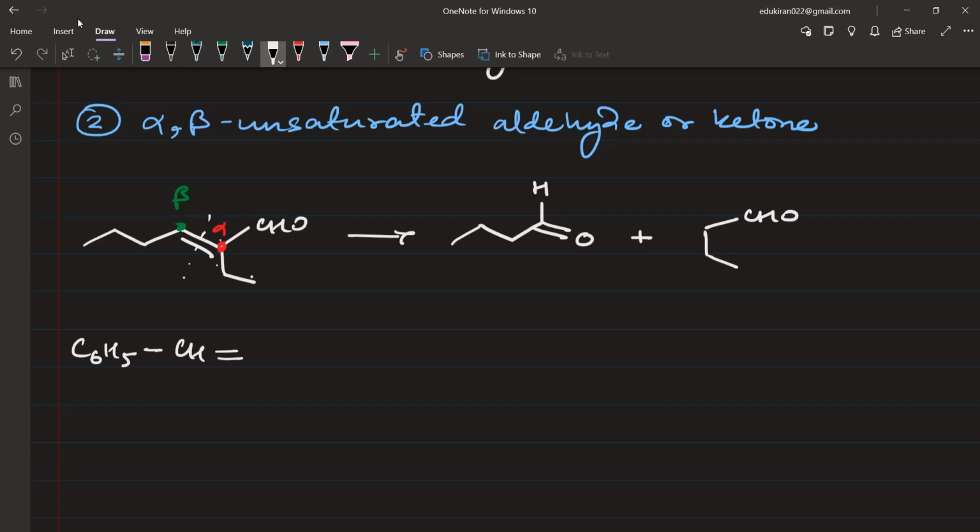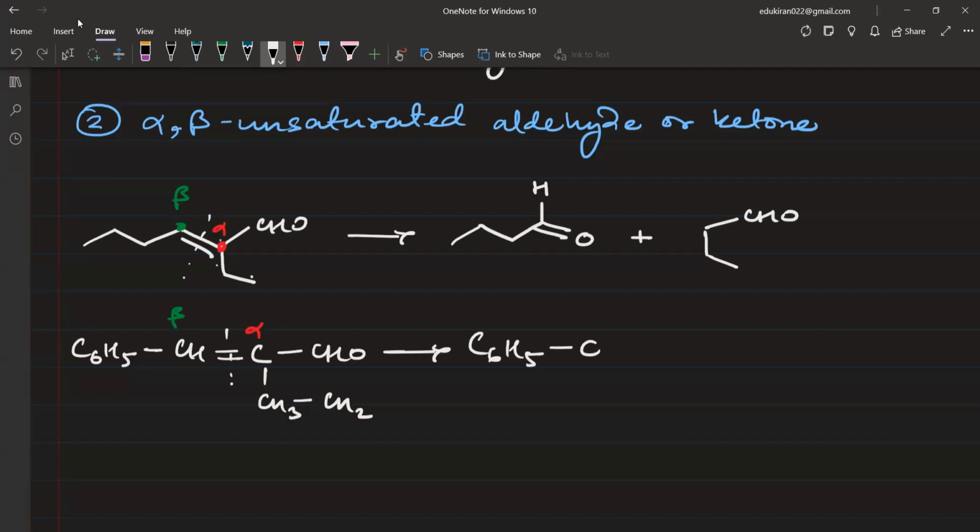Another case, C6H5 CH double bond CH double bond CH2 and here you are having CHO. Again identify alpha and beta, alpha, beta, break the bond.